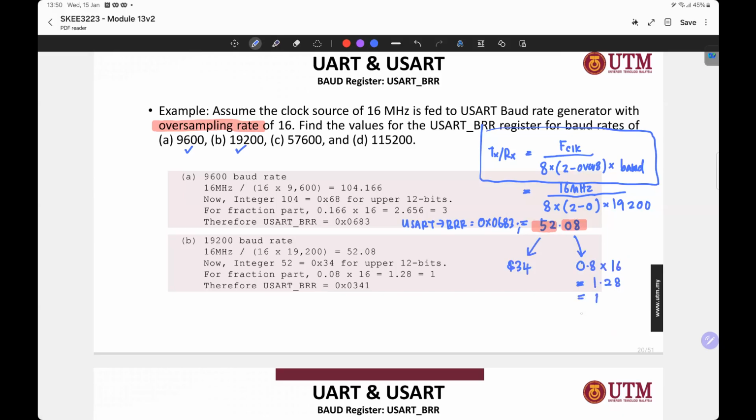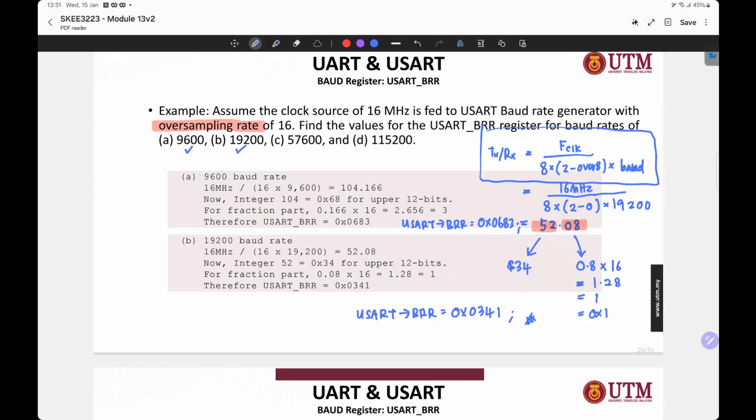And the value in hexadecimal also 1. Okay, then you combine, right? The USART BRR value that you need to give here is 0x0341. So this is the value.